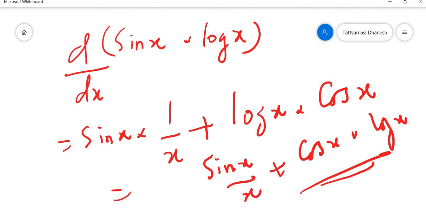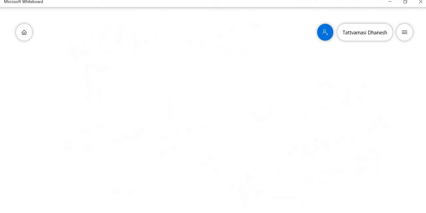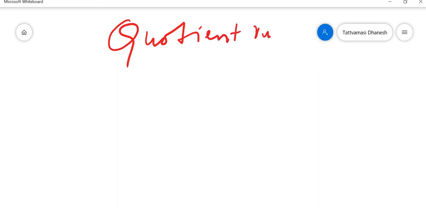Now I will discuss about quotient rule. This is the quotient rule in differentiation. So next is quotient rule. So already I told you what is the formula for that. No, I didn't tell you. See, this is the quotient rule.